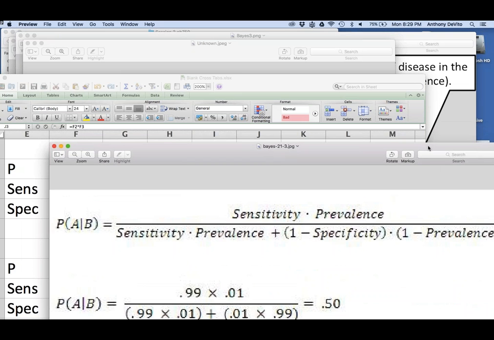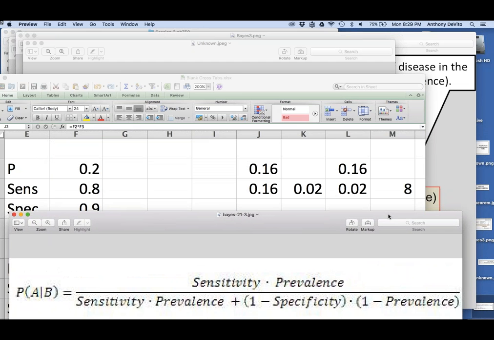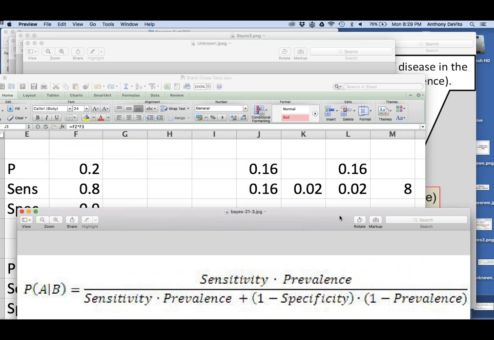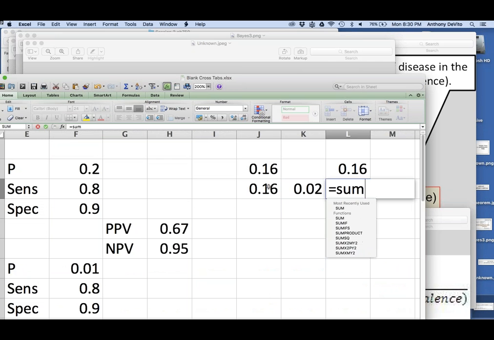Sensitivity times prevalence plus 1 minus the specificity, which is 0.1, times 1 minus prevalence, which is 0.2. And it should be this over the sum of these two. I'm sorry.